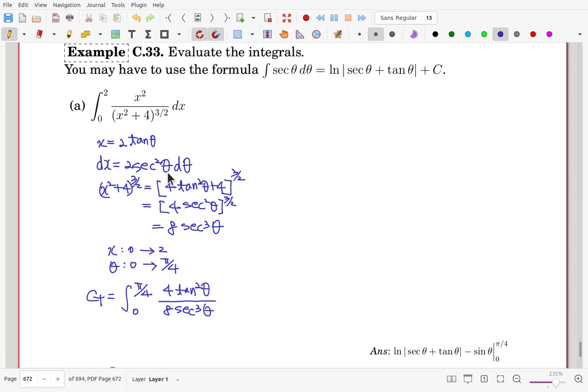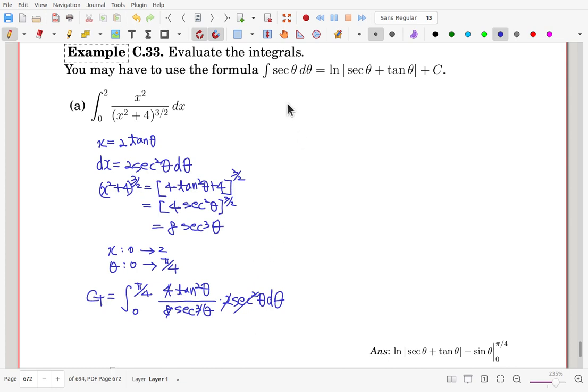Right? Okay, and then here we have dx. Okay, dx is 2 sec squared theta d theta. So for coefficients, we cancel out that, and then here sec squared theta and here sec squared theta. So we have here tangent squared theta and sec theta. Sec theta is 1 over cosine theta.